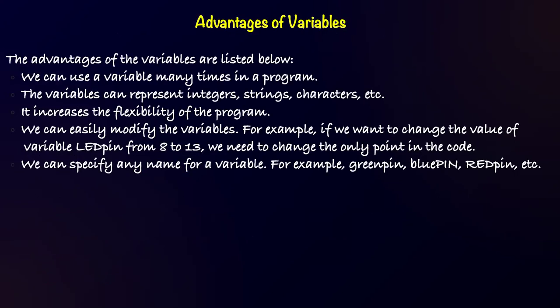All right, advantages of variable. You can keep this in mind or note it down, because this is one of the most important things. It answers the previous question: why do we need to declare the variable prior to using it, and why shouldn't we use the value directly? Number one, we can use a variable many times in a program, as I said a few minutes ago.